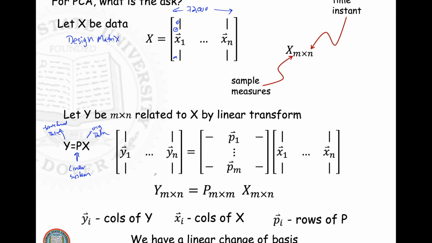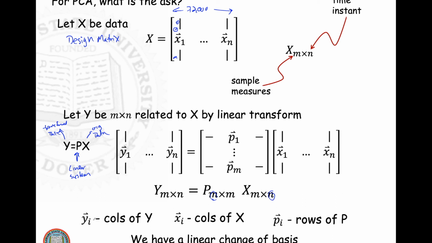So Y, which is M by N, is P, which is M by M, times X, which is M by N. If we look at the outer indices, the result is M by N, so that all matches up.